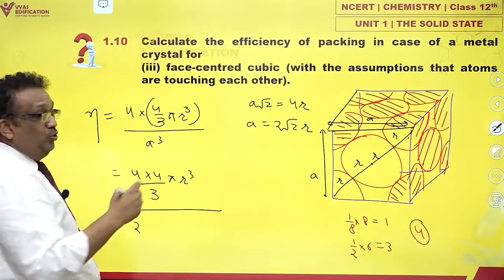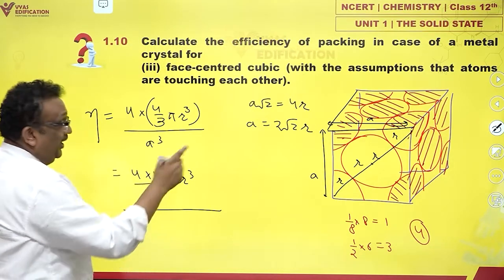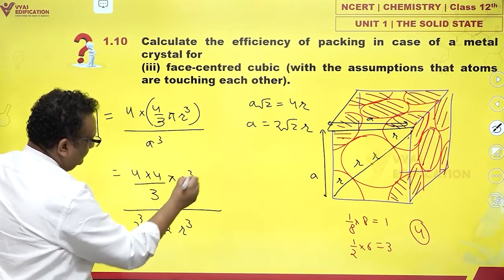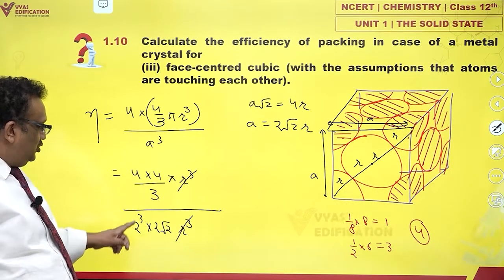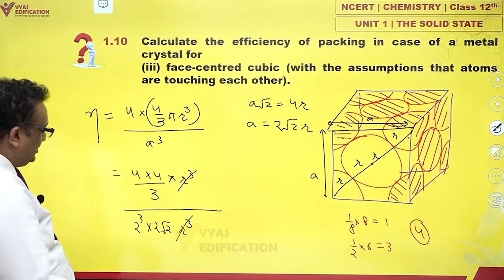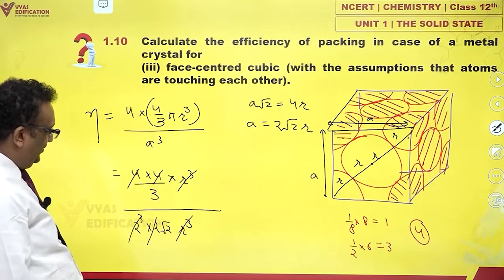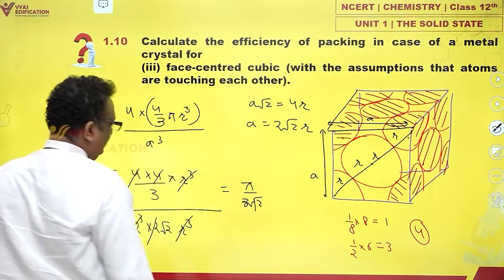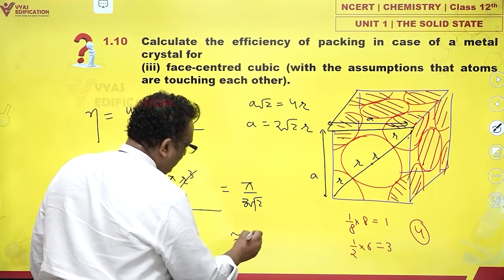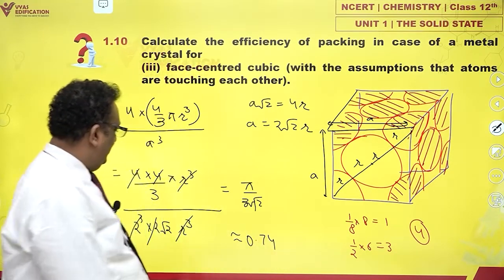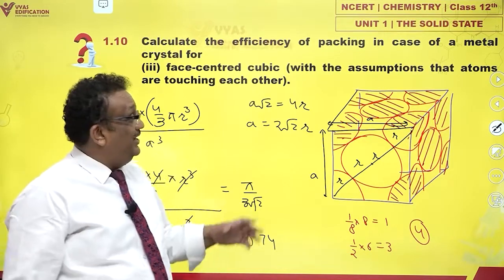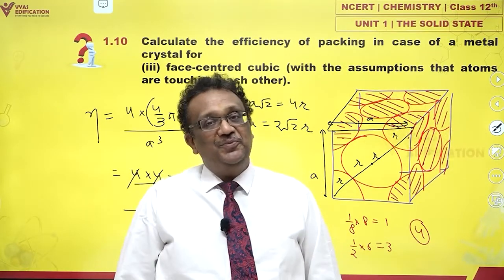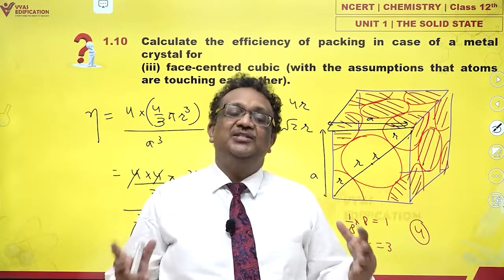So cube of 2 root 2 gives 16 root 2 r cube. 4 4s are 16. This is pi by 3 root 2. You solve this, this is around 0.74. What does that mean? That means that packing efficiency of FCC structures is around 74%. And that actually is the best packing ever.